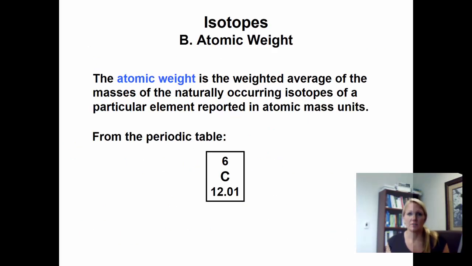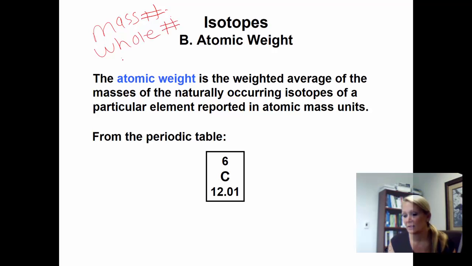All right. Students often get two terms confused: mass number versus atomic weight. The mass number is what we just discussed. That isotope was given to you. A mass number is always a whole number, and it is not found on the periodic table.